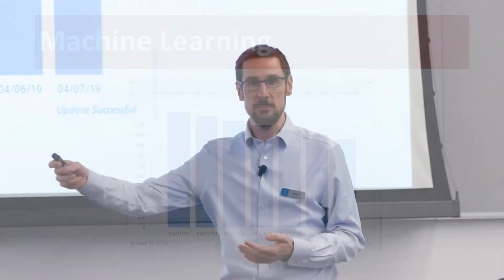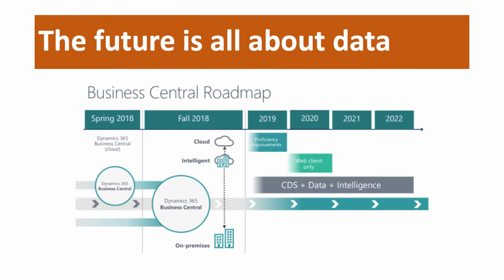So whether you're sending some stock details and sales details and getting some sales forecasting or inventory forecasting back. And there's cash flow forecasting, there's image recognition, there's all these other good things that are happening. And if you look at the Microsoft roadmap for Business Central, you can see it's all about data, it's all about intelligence, and this really is where it's all heading towards.